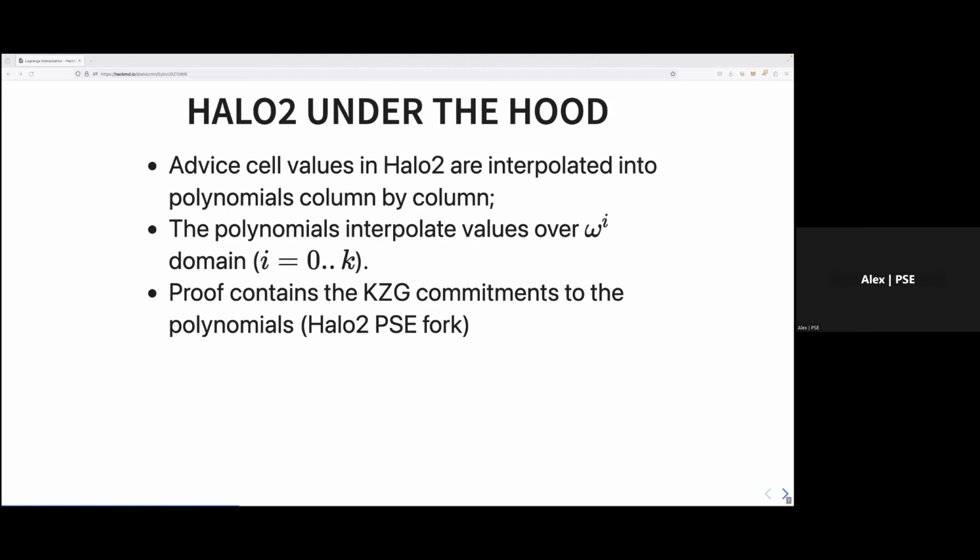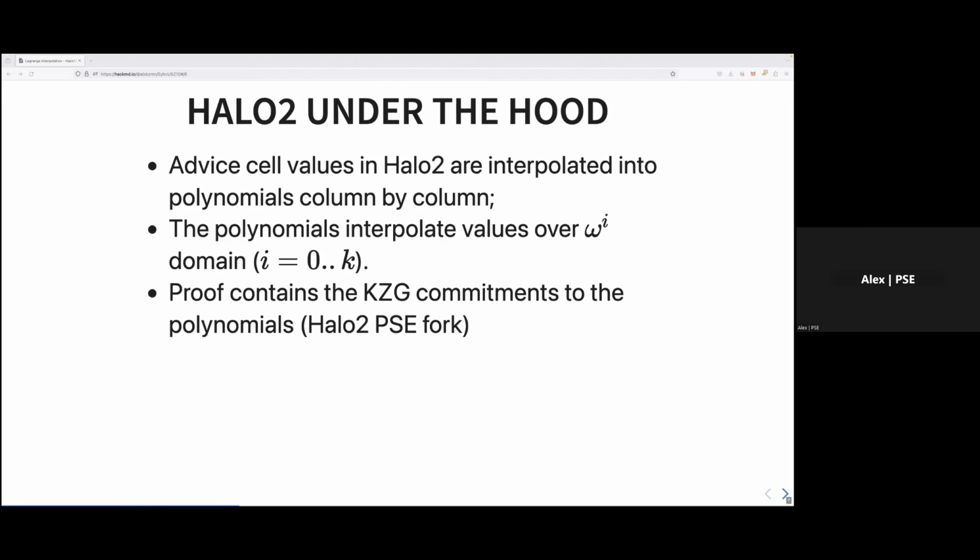And the generated proof naturally contains the KZG commitments to the polynomials, but this is only for the PSE fork because the original Halo2 is using the inner product argument as the commitment scheme. But we're using the PSE fork, so we don't need to do any extra actions to obtain the KZG commitments.